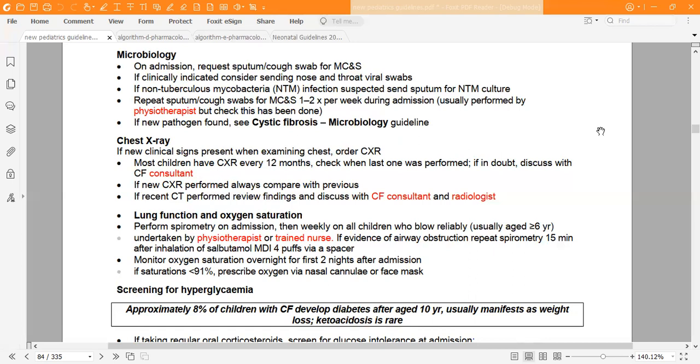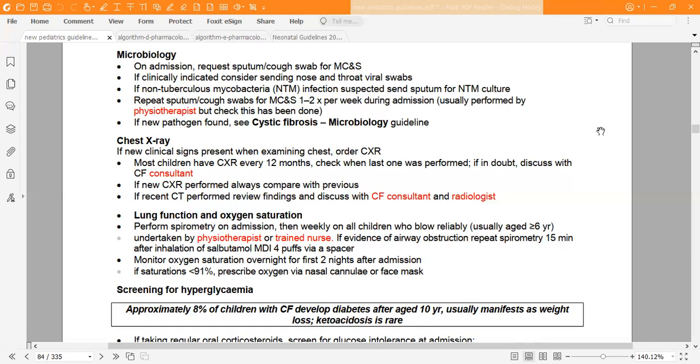So once you have decided that you are going to admit this child, you will do the basic or initial spirometry, which is a lung function test, done in the first visit on the day of admission. You involve the physiotherapist and a well-trained nurse. It's not the doctor, it's not you who is doing this spirometry for the child.